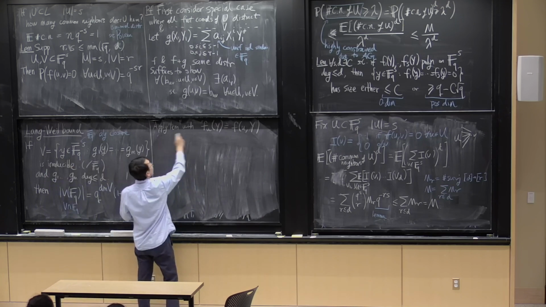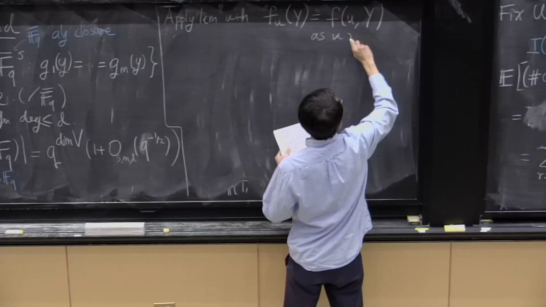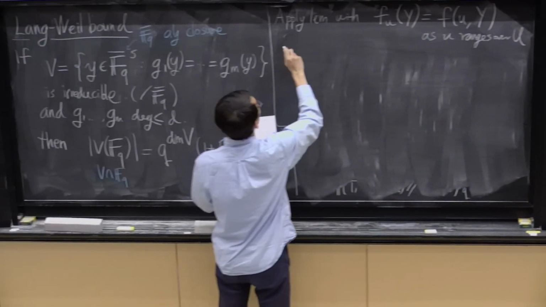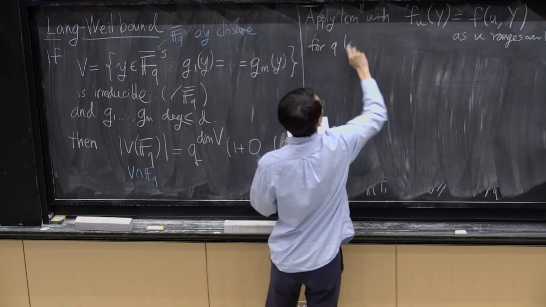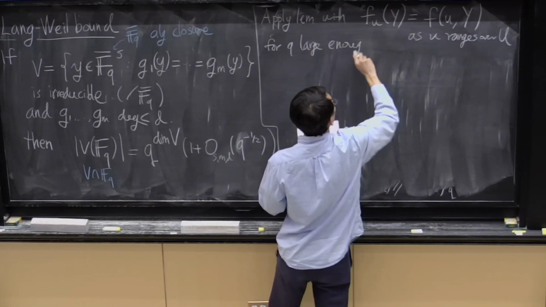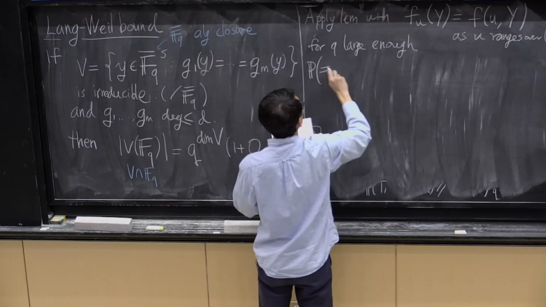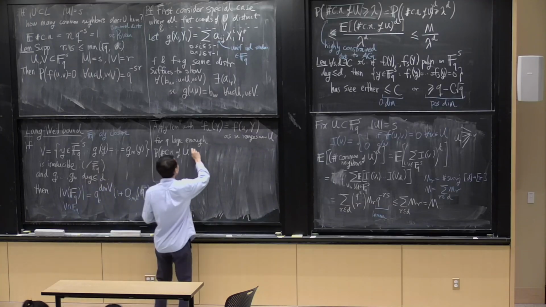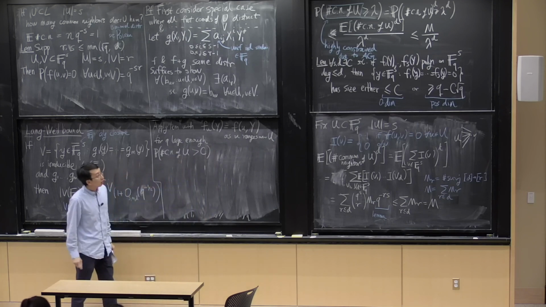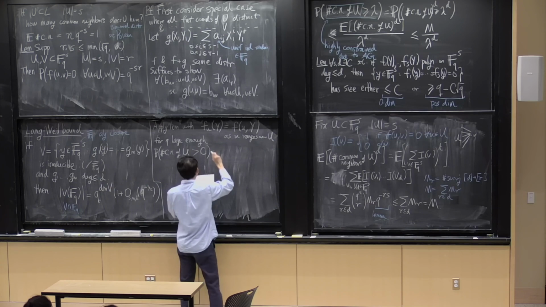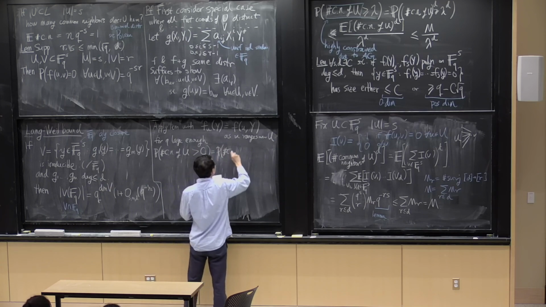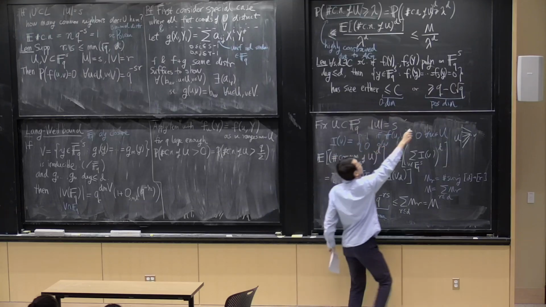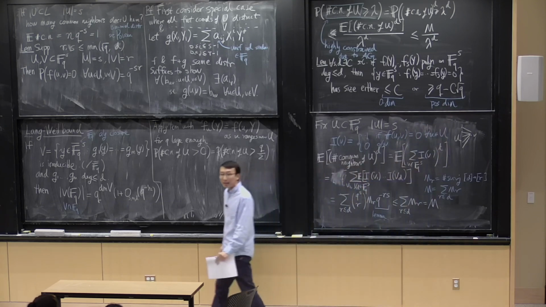So these are my polynomials as u ranges over big U. So for q large enough, we find that the probability that the number of common neighbors of U is bigger than C, where C is supplied by that lemma, is equal to the probability that the number of common neighbors of U exceeds, let's say, q over 2, where q over 2 is this quantity rounded, smaller than that quantity up there.